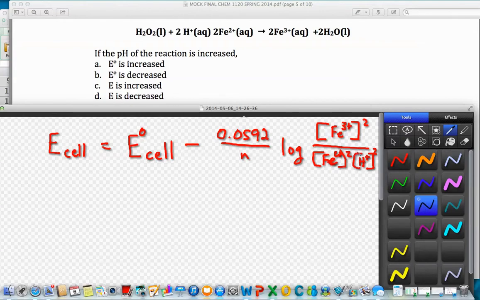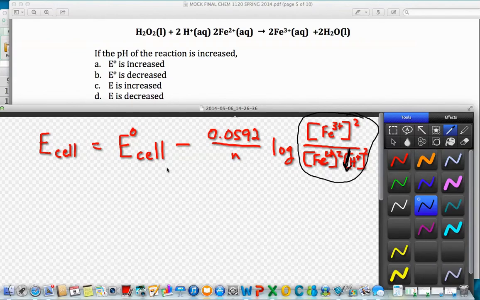If I increase the pH, I'm going to decrease the concentration of hydronium. This fraction becomes larger. I subtract a greater number from E cell. So E cell equals E cell standard state minus a bigger number.